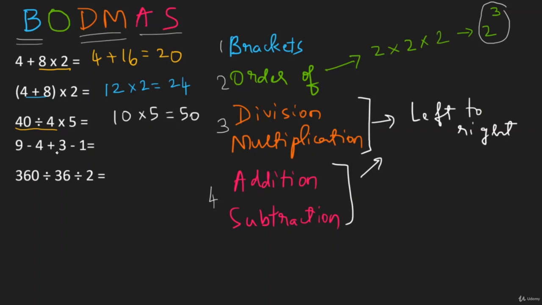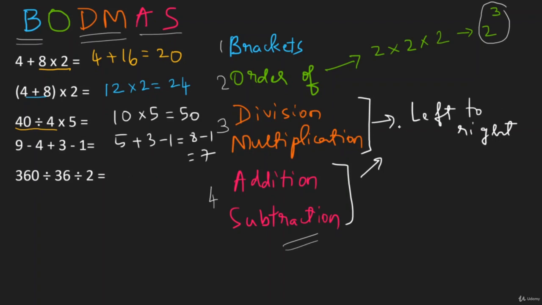Now in the next one, you have subtraction and addition. So just do the operations from left to right, because addition and subtraction have the same priority. So this is equal to 5 plus 3 minus 1, which is 8 minus 1, which is 7. Now in this operation, you do the operations from left to right because you have two divisions.